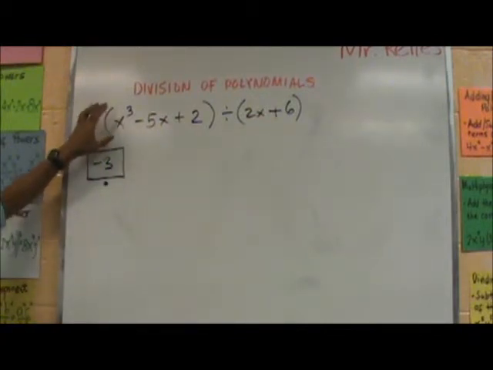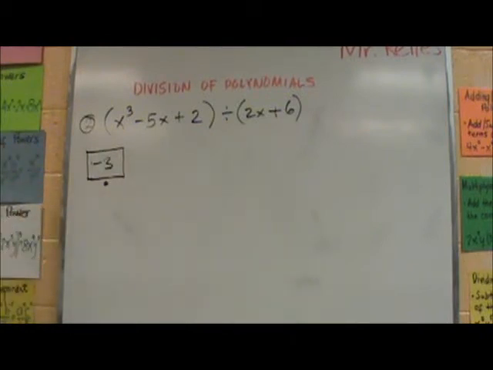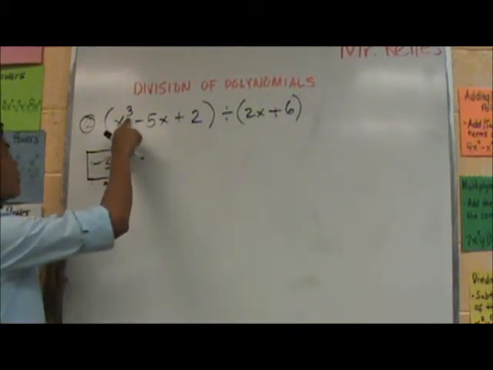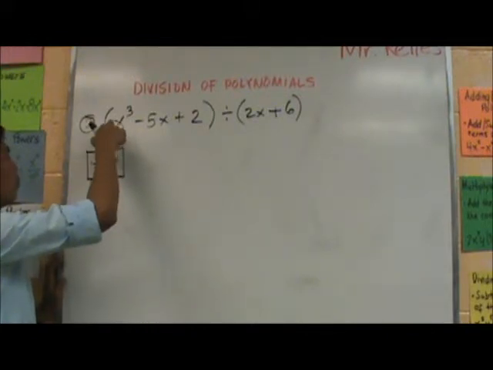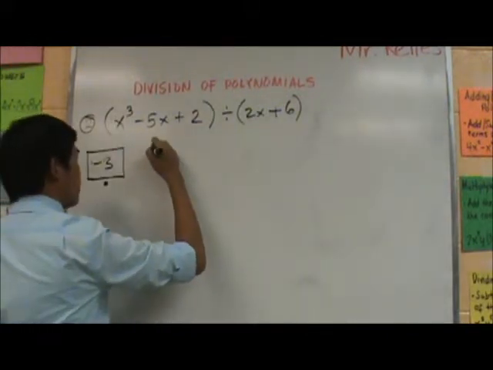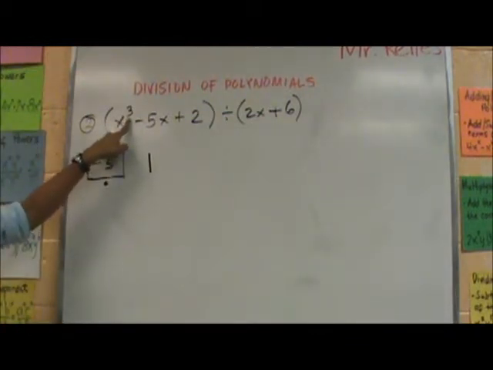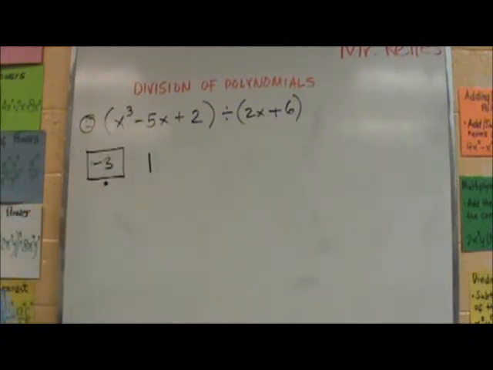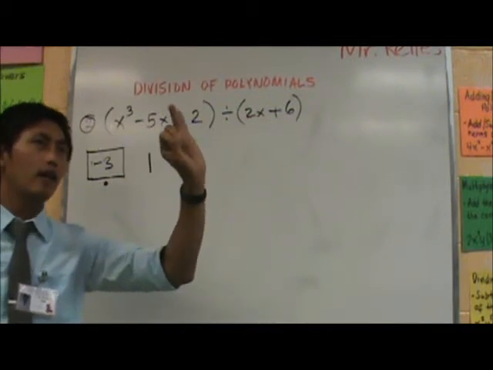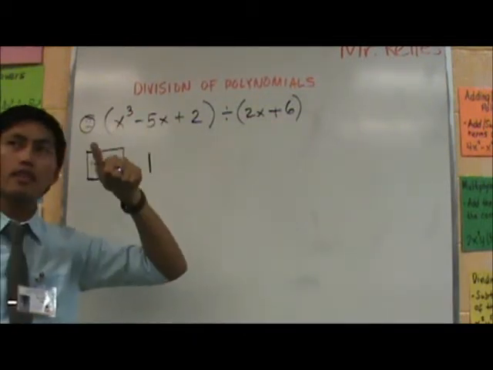Now let's write the numerical coefficients. The highest exponent here is 3, so the numerical coefficient is 1, and I'll write 1. Since the highest exponent is 3, we are expecting a term with an exponent of 2, then a 1, and then the constant.